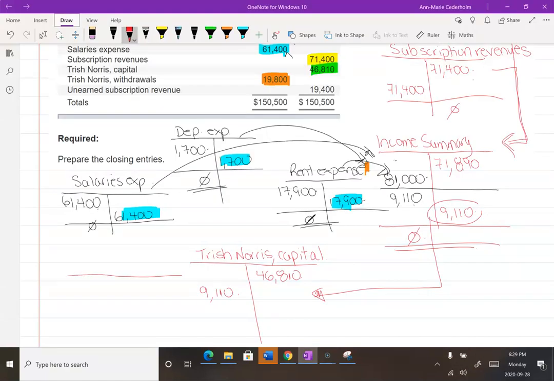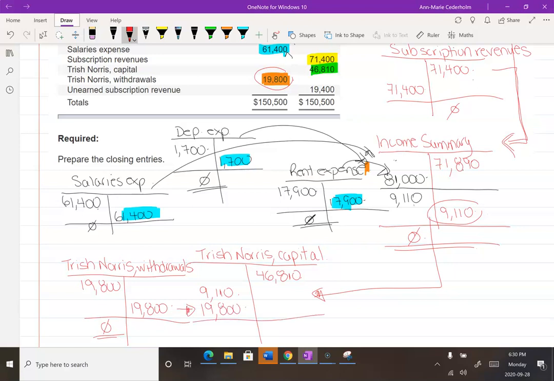Okay, so just to see what we did, just using the T accounts, is I take Trish Norris, my withdrawals, and my original amount was that $19,800, and then I moved it with that journal entry, so I did a credit, so that balance is now 0, into my capital account, $19,800.